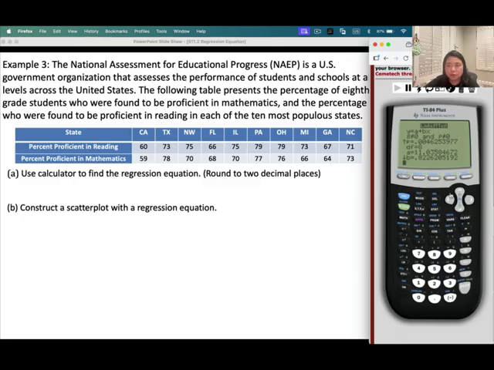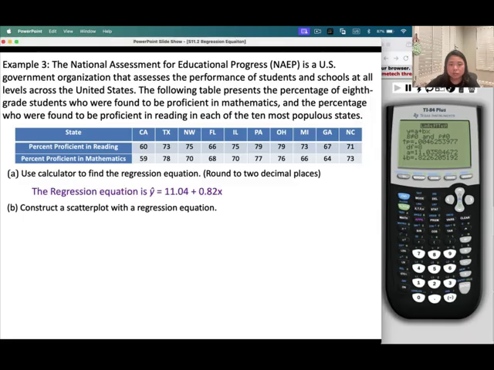So you do have the regression equation, y equal to a plus bx. They give the a and then the b here. Round to 2 decimal places. So write it down. Regression equation, y hat equal to 11.04 plus 0.82x.